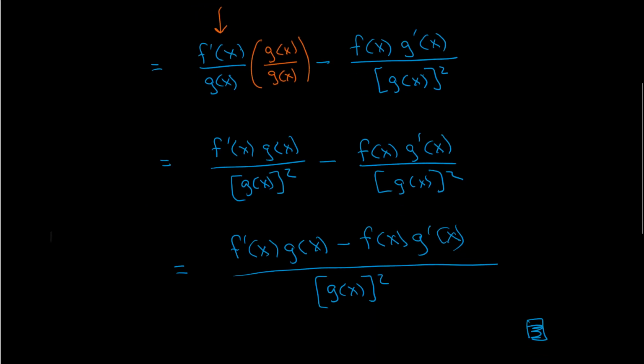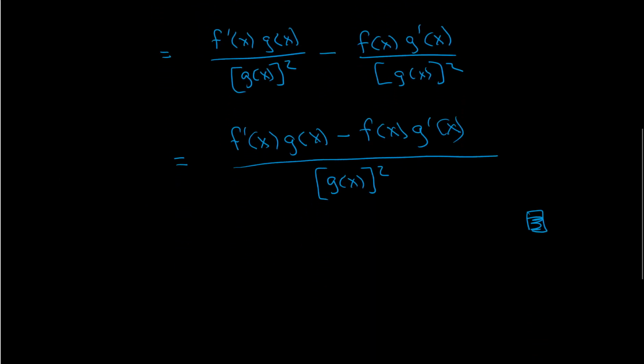Can combine those two numerators over the common denominator, g of x squared, and what we wind up with here is f prime g minus, the minus, not a plus, f g prime, and there's the quotient rule.